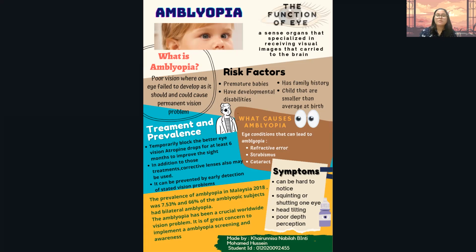Amblyopia has been a crucial worldwide vision problem, and now it is of great concern to implement amblyopia screening and awareness for people to know that this disease is actually dangerous and it could lead to permanent vision problems.